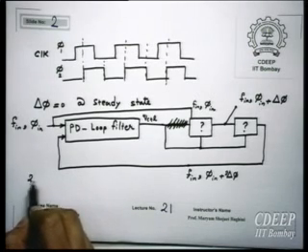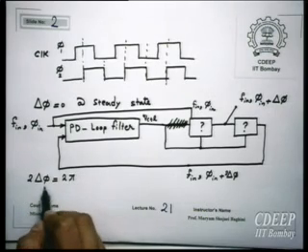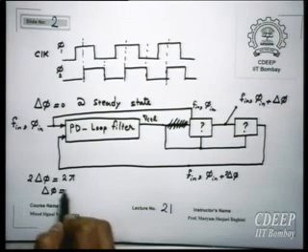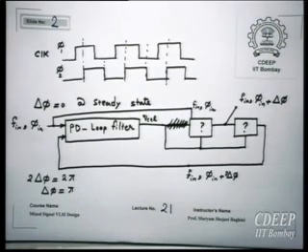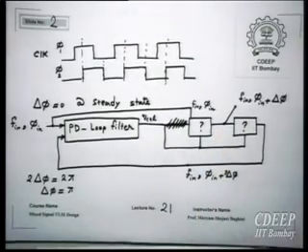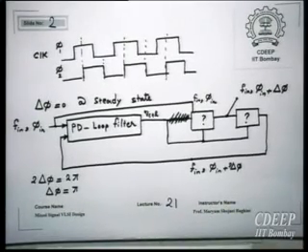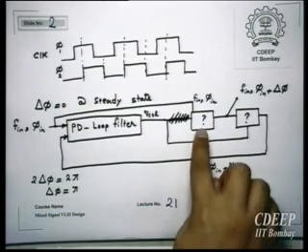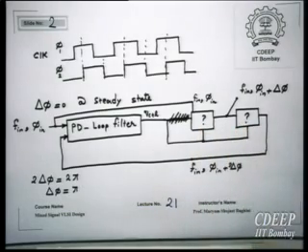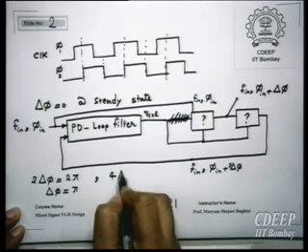So 2 delta phi is equal to 2 pi, which means I have generated a well-controlled pi phase shift. For one such stage it may look okay, and I can get it very well with one inverter. But the point is that if we need more, suppose 4, I put 4 of these phase shifters. So with 4 phase shifters, I will get 4 delta phi equal to 2 pi.